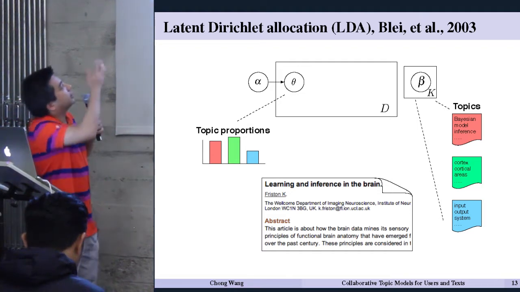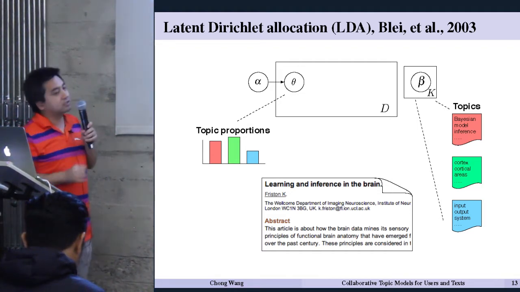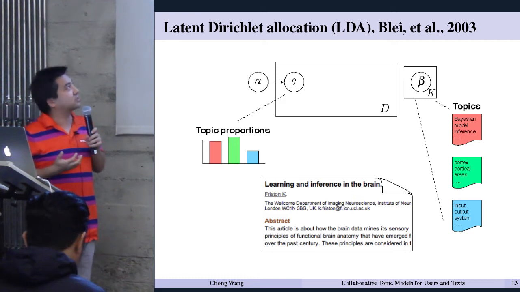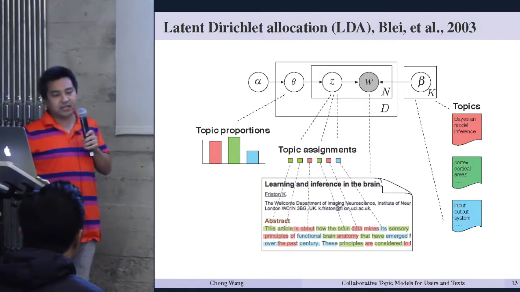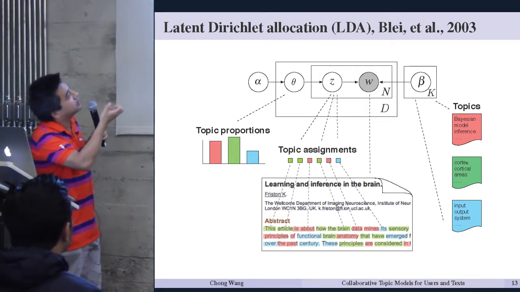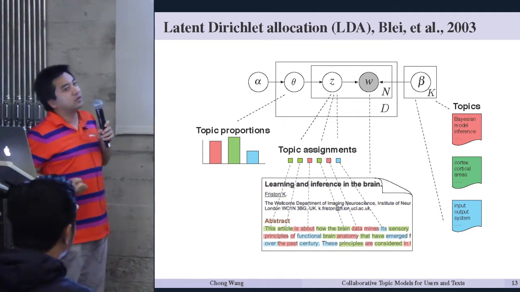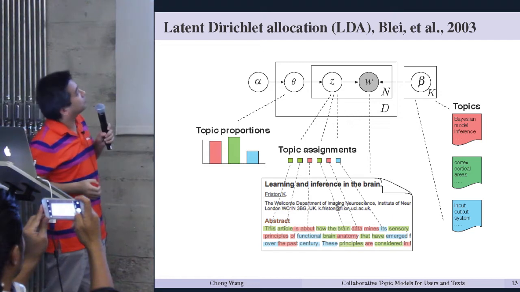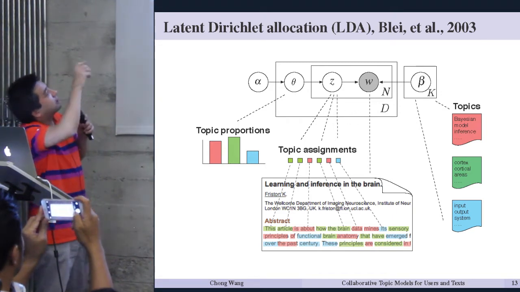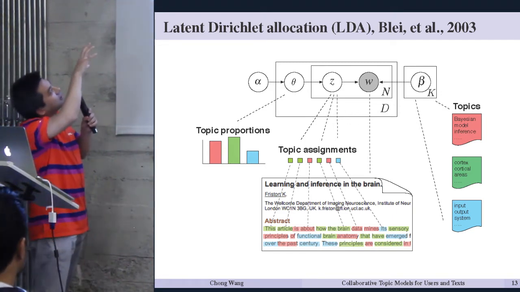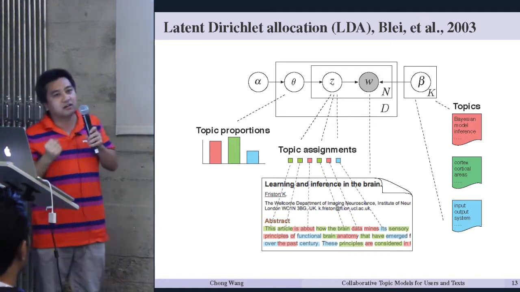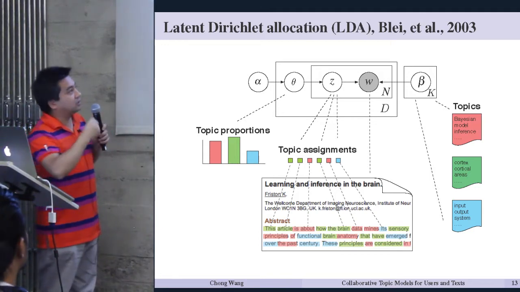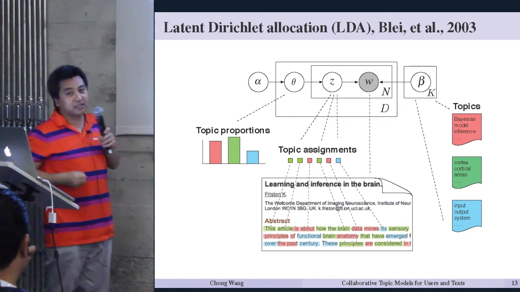So now we get these topic proportions for this document, but how do we actually get them? We go through the words in this document and color each word with its appropriate color. For example, if we have a higher proportion for the green topic, then we color a lot more words with green than other words.